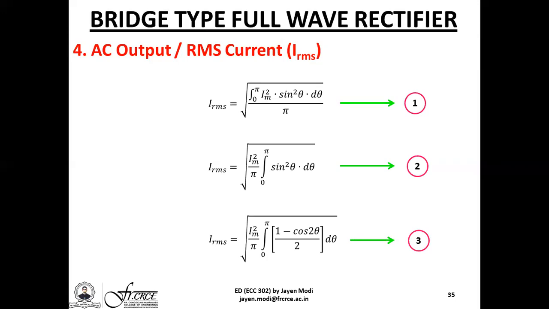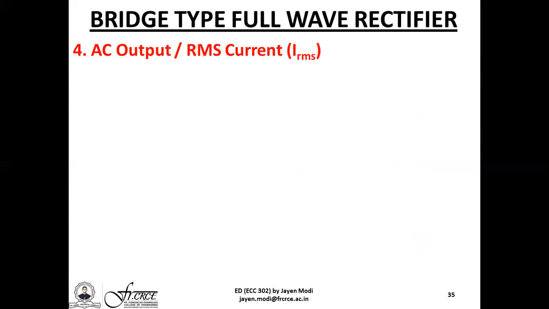So we get IRMS is equal to square root of Im square upon pi integration 0 to pi brackets open 1 minus cos 2 theta upon 2 into d theta. I just take out the denominator 2 outside. So we get IRMS is equal to square root of Im square upon 2 pi integration 0 to pi brackets open 1 minus cos 2 theta d theta.